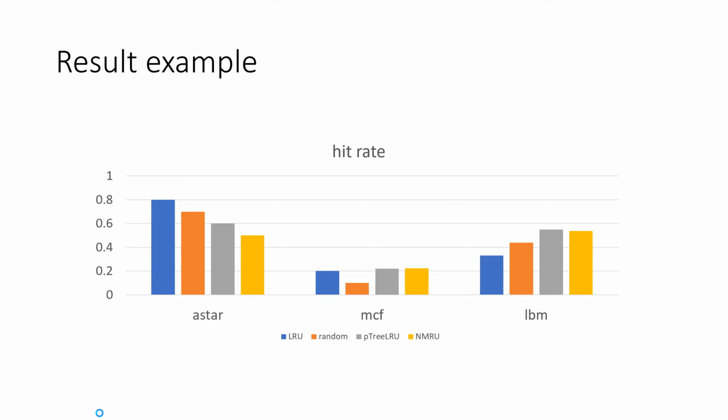But again, this is very workload dependent. For ASAR, as normal, LRU can achieve the best result, but LBM is not the best example because the LRU can only achieve a very low hit rate. So here are just some examples.